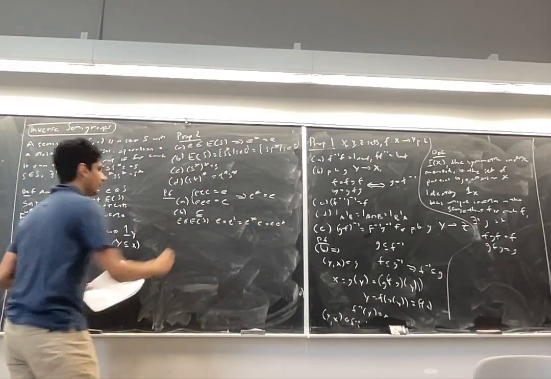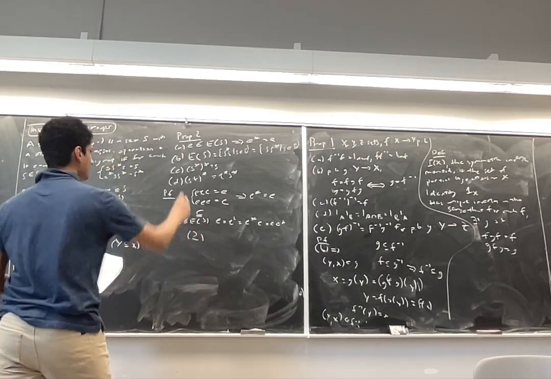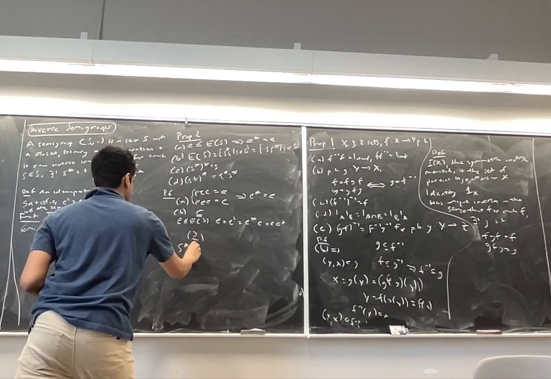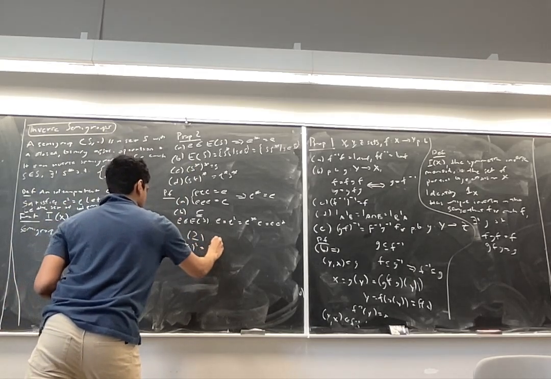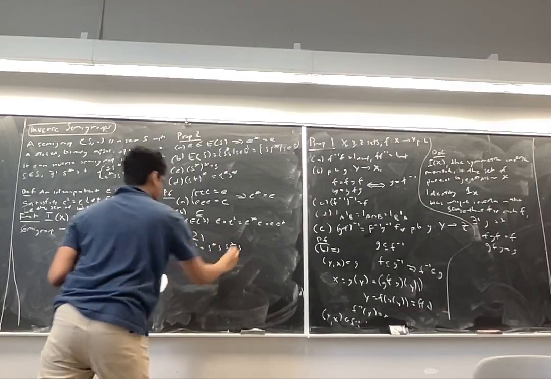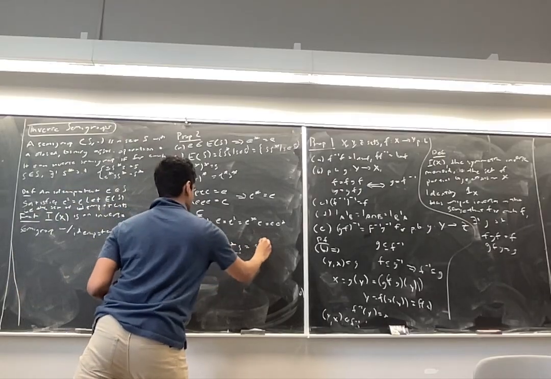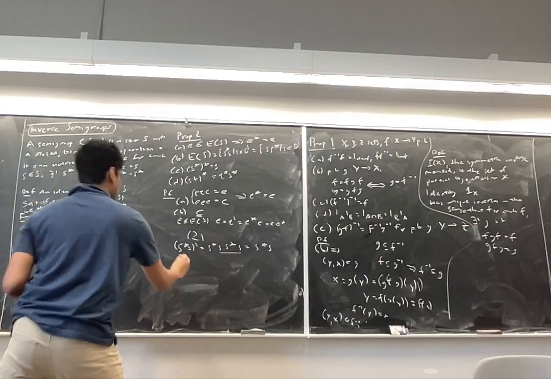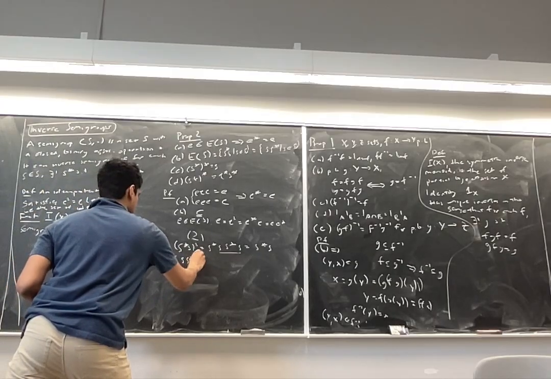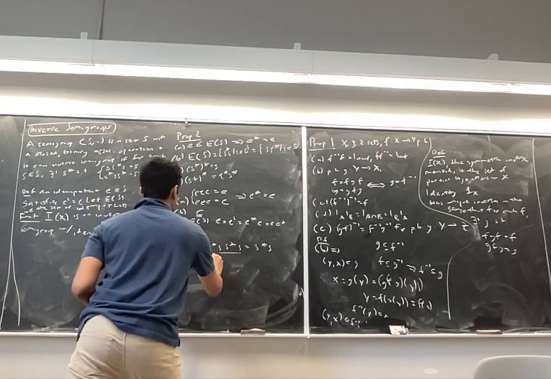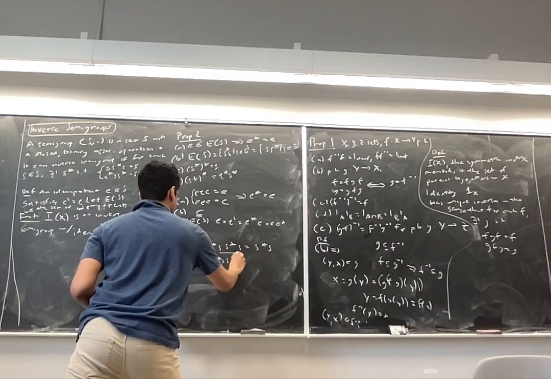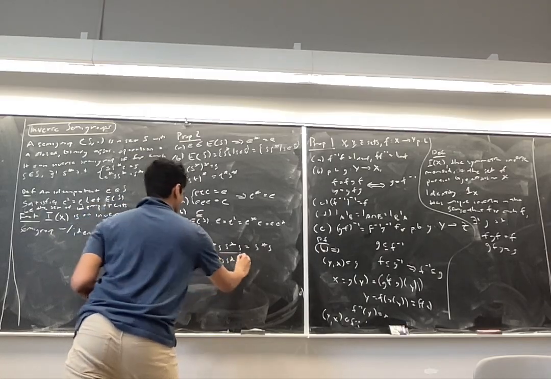So now going back, I just have to show that s star s is an idempotent, so (s star s) squared is s star s s star s. So now I can combine the last three, so I get s star s. Similarly, (s s star) squared equals s s star s s star. So let's combine the first three, so I get s s star.